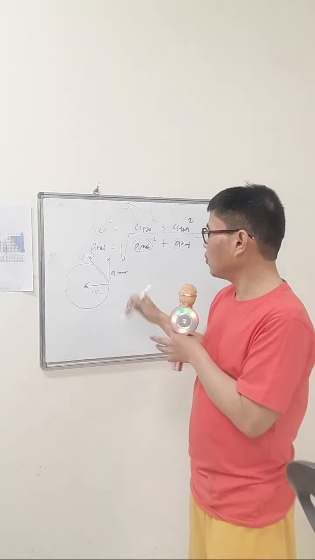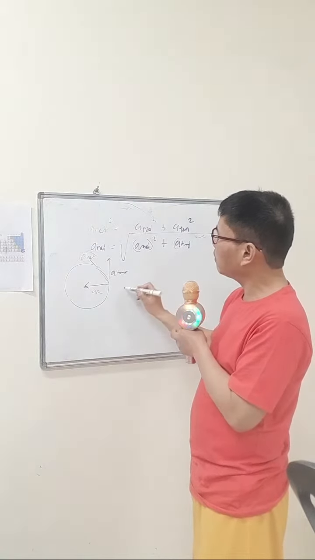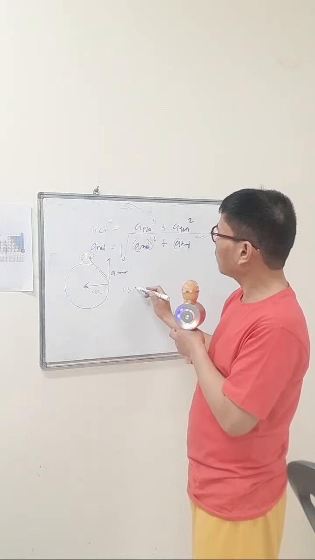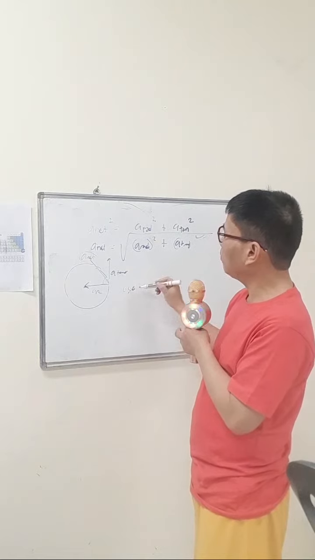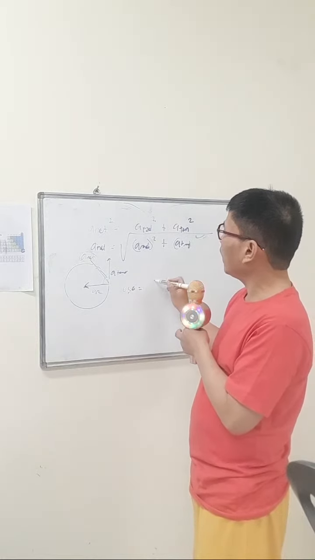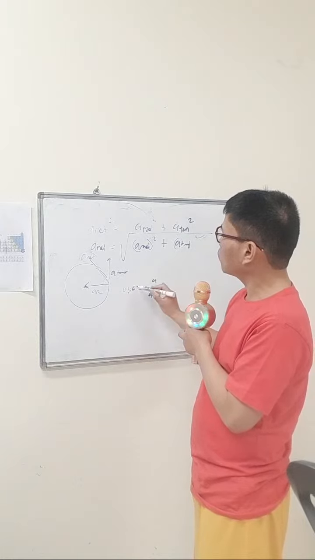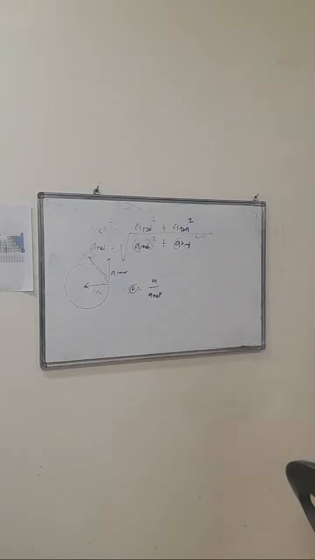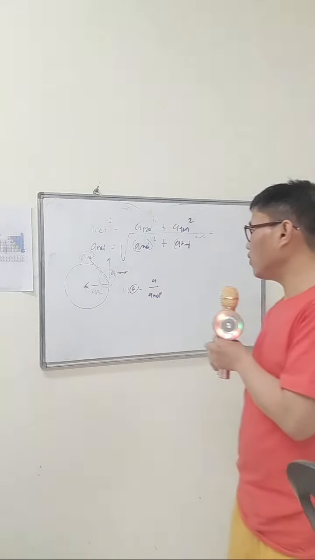You know why? Because if we project the cosine of the angle here, cosine angle is equal to A over the A net. So if your angle here is, let's say, 90 degrees, because it is perpendicular, cosine of 90 degrees, how much?